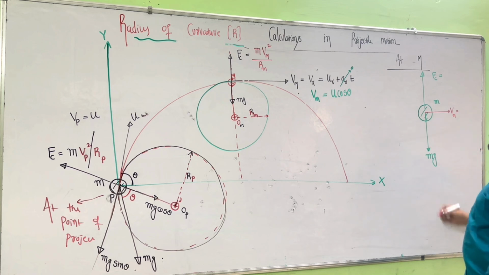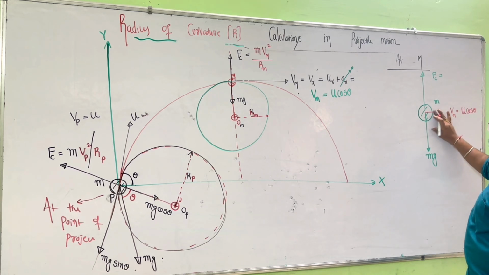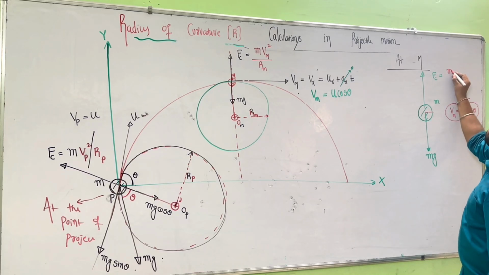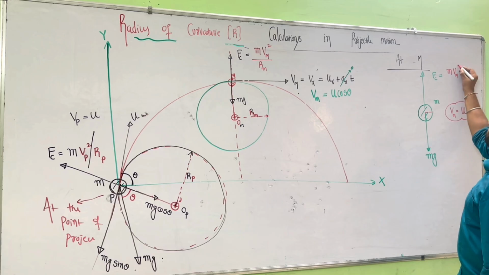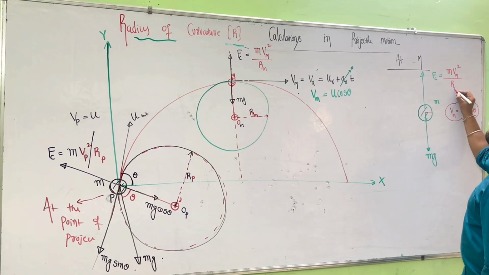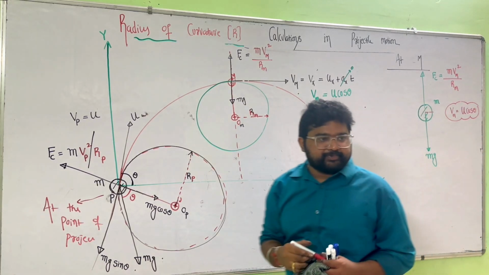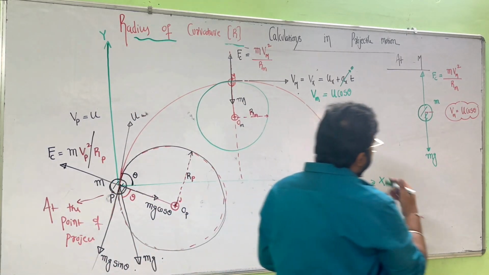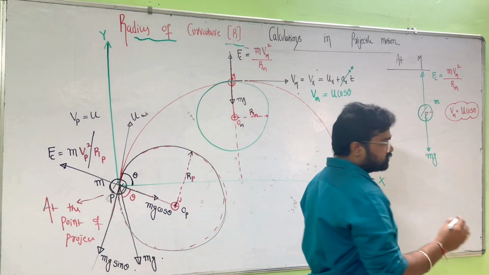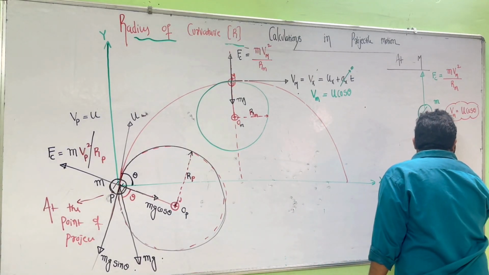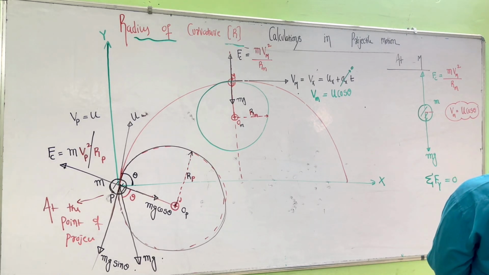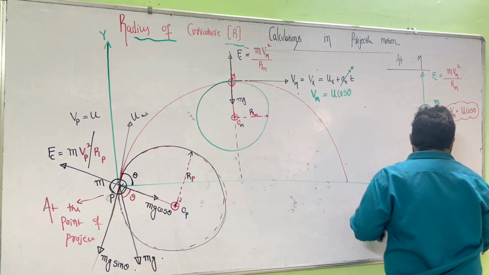This is not a free body diagram, just U cos theta. Vm equals U cos theta. Fc is M into the corresponding velocity square by the corresponding radius of curvature. Understood? The sum of the upward forces equals the sum of the downward forces. Sigma Fy equals 0.